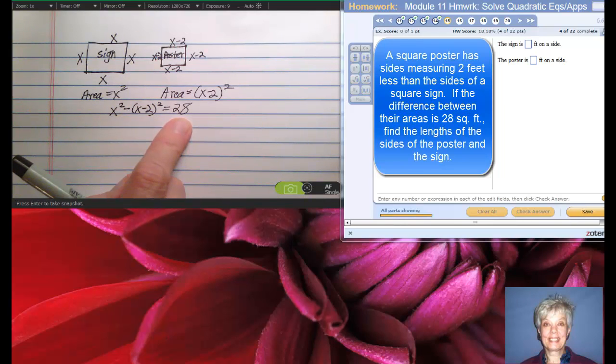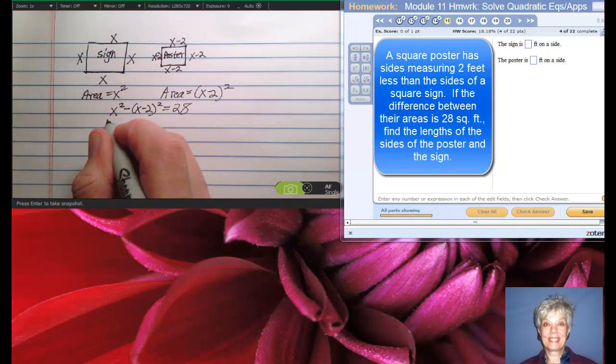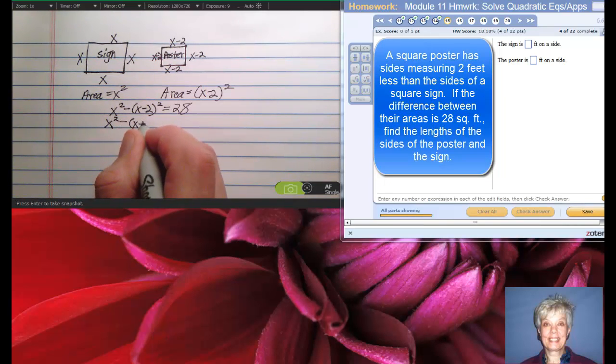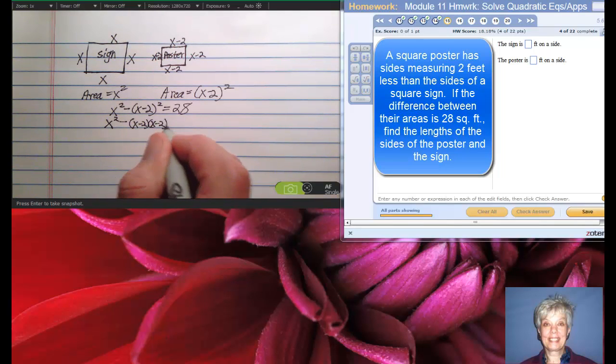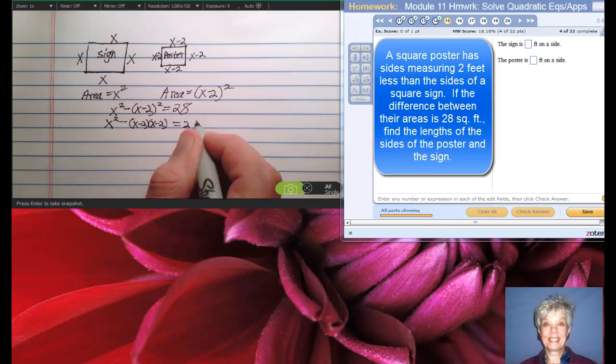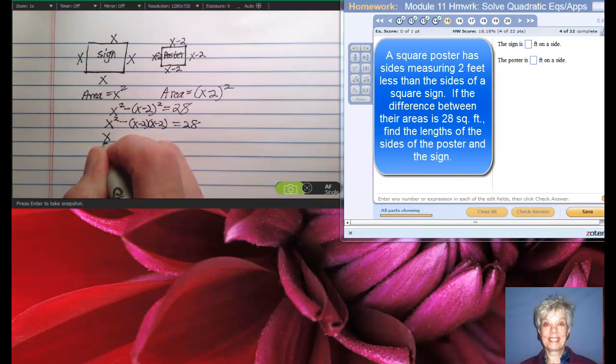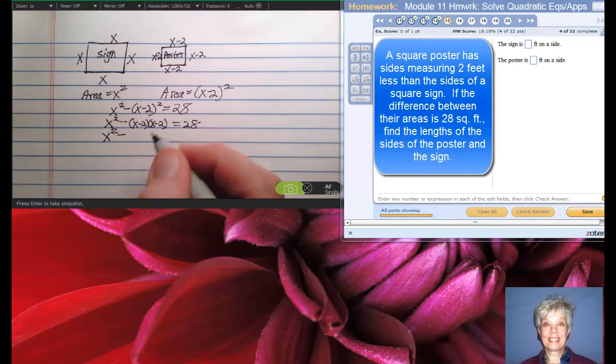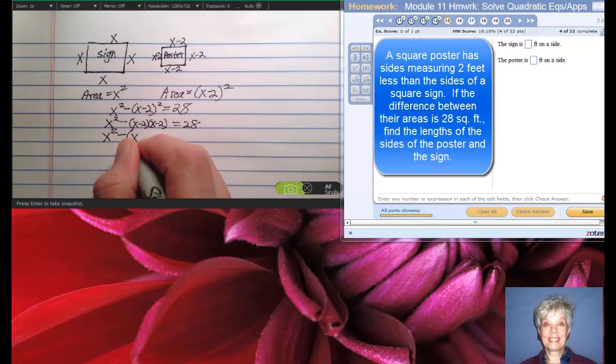Now, I'm going to work this problem. I'll have x squared minus x minus 2 times x minus 2 equals 28. So x squared minus, parentheses, x squared minus 2x is minus 4x.